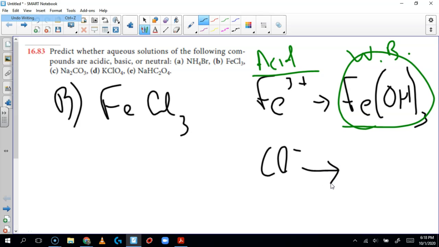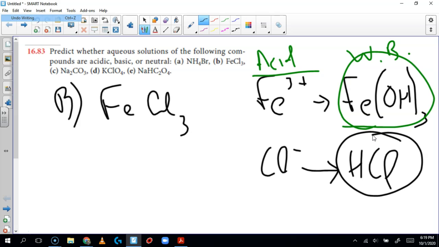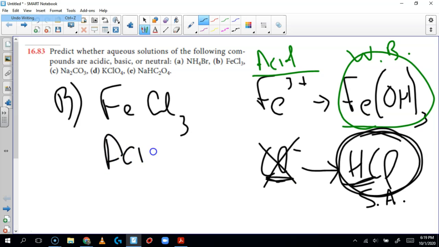Cl minus forms HCl, which is a strong acid. The definition of a strong acid is that it stays as ions in solution, so HCl never forms, and it just stays as Cl minus. So this again does not contribute to the pH of the solution. So this compound is going to be acidic.